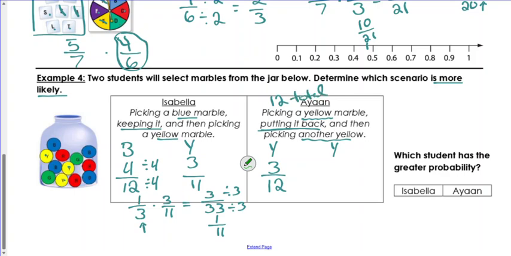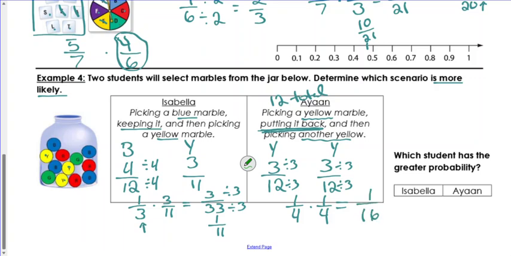And we're still going to be at 12 for this second yellow marble. When you put it back in, you're resetting the jar, so it's still 3 out of 12. We can divide the top and the bottom by 3 on both of those, and get that this is really just 1/4 times 1/4, which is 1/16 altogether.